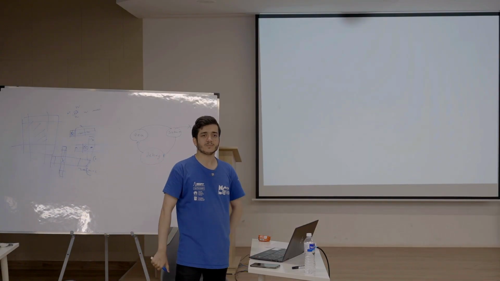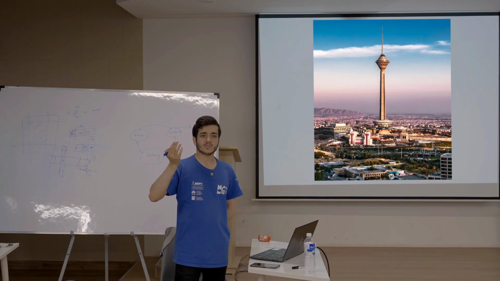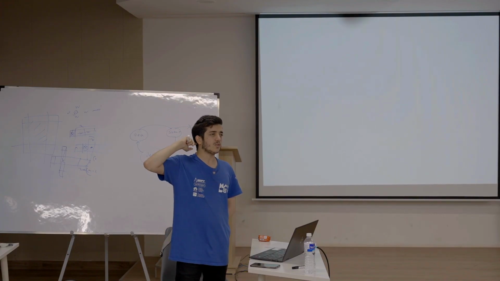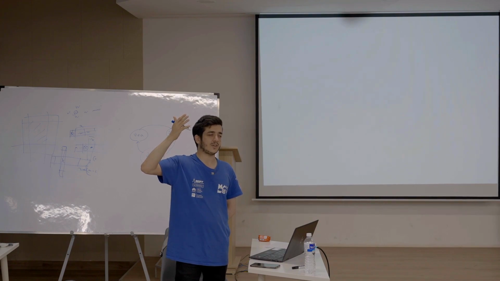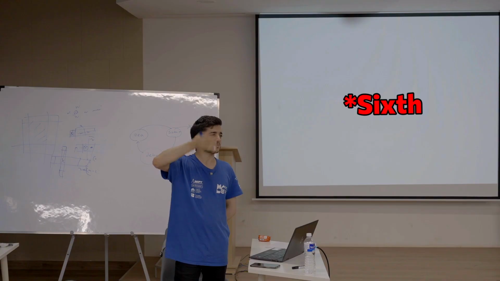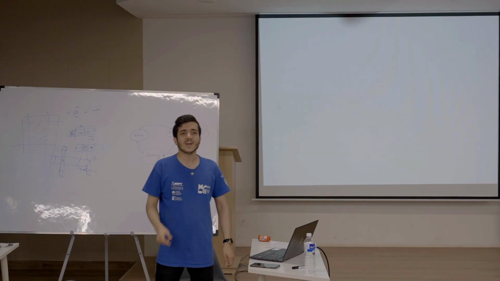So let's meet some civil engineer. Do you know Milad Tower in Iran? We have a very tall tower in Tehran, which when it was built, it was the 5th highest tower in the world, but now I think it's 20th.